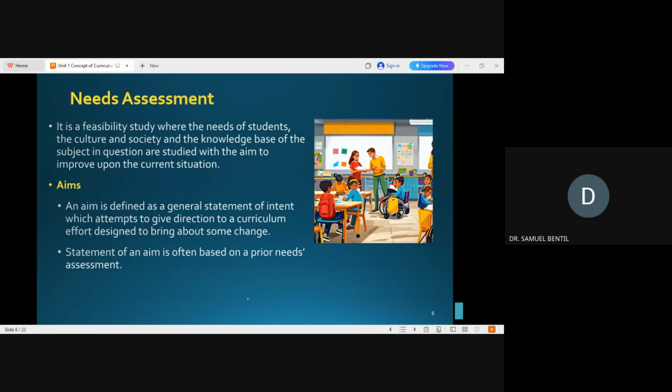Mary, your hand is up again. I don't know if your issue has not been addressed. You can bring it out. Sir, please, what I was saying is that we are talking about the elements or components of the curriculum, and the first one that you are discussing is the purpose. I want to know about the example that you are citing.